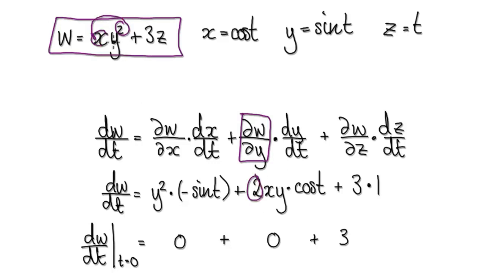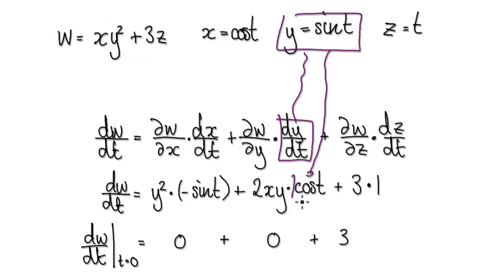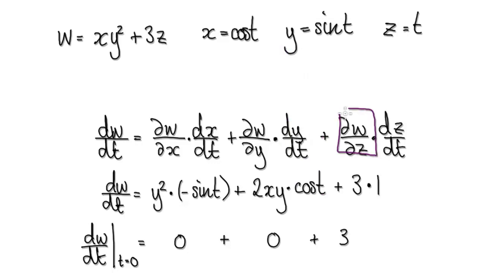X is just a constant, and then y stays the same, and then the power gets reduced by 1, so to the power of 1, and then times dy by dt. So dy by dt is right here. Differentiate that and it will give you cos of t.